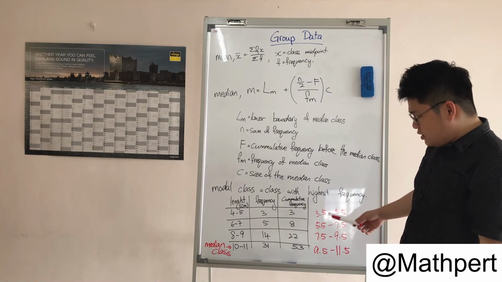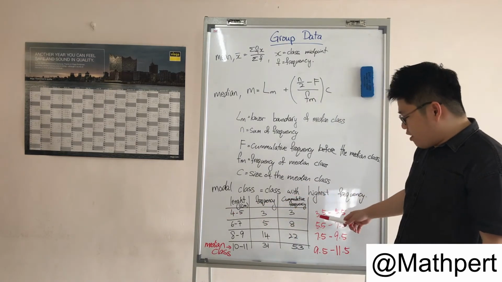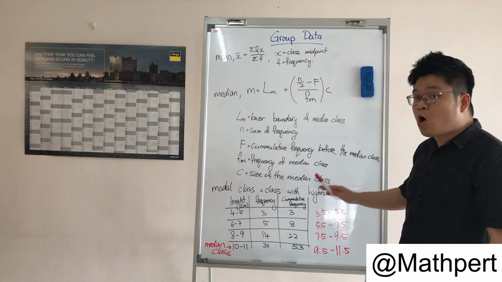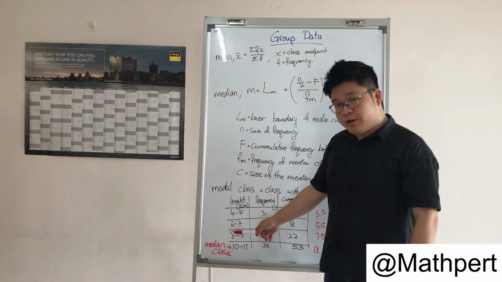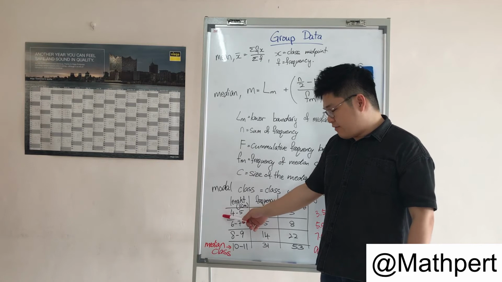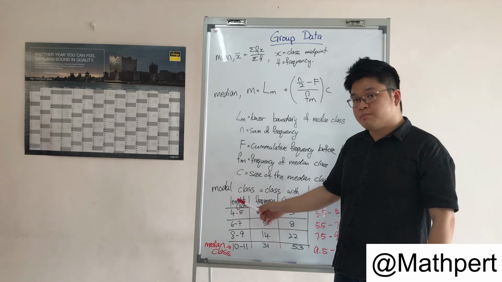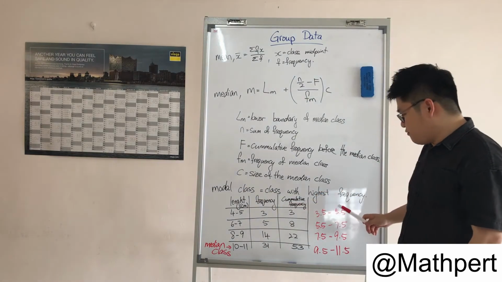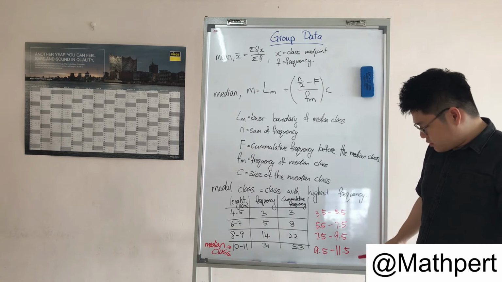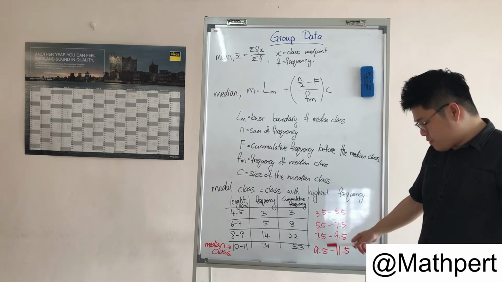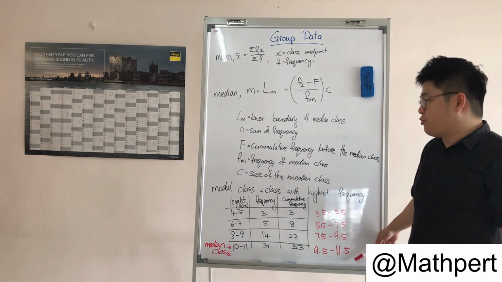So notice the lower boundary is just minus 0.5 in this case. Not all the cases are the same. Just in this case, all the lower boundaries we just minus 0.5, and all the upper boundaries we just plus 0.5. So on this median class, you can get 9.5 for the lower boundary and 11.5 for the upper boundary.